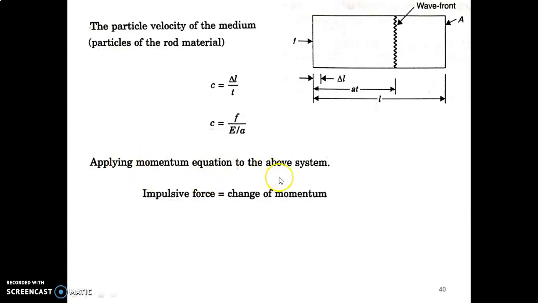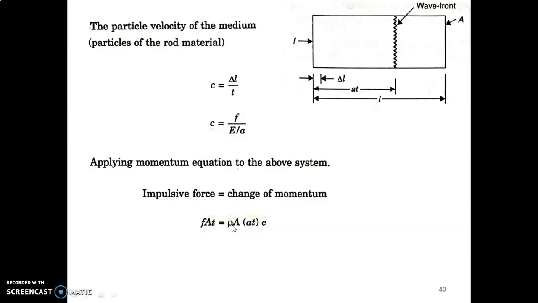The momentum equation is like this: impulsive force is equal to change of momentum. Impulsive force means force into time. To get force, we multiply area with the compressive stress, F into A, and into time t. The change in momentum is rho into A into a t into c. Here a t is the distance traveled by the wave, and distance into area is the volume.